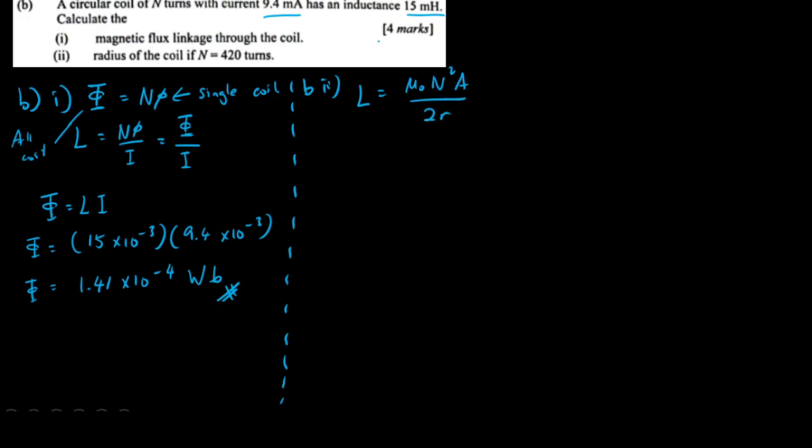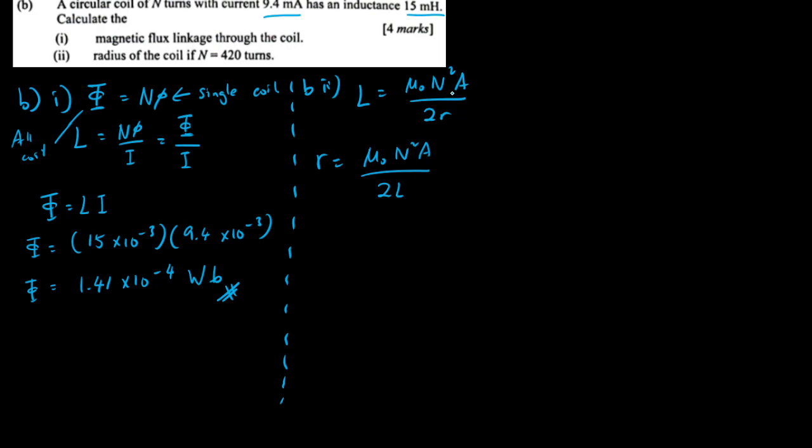Okay, so R is just the radius that I can rearrange for. Okay, so I can rearrange this equation to have R equals mu naught N squared A over 2L. Now, the problem is that A also depends on R.